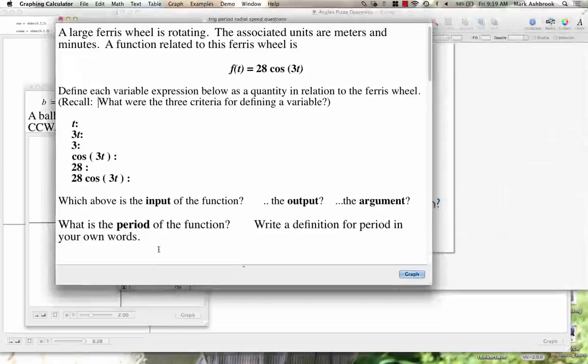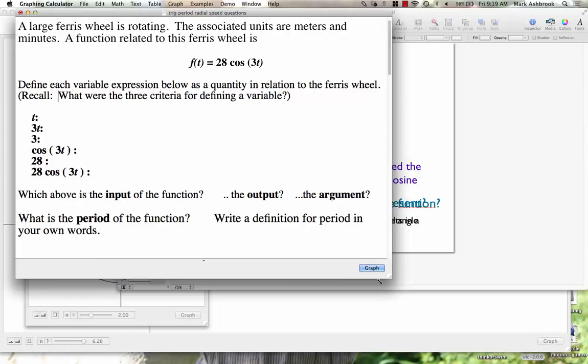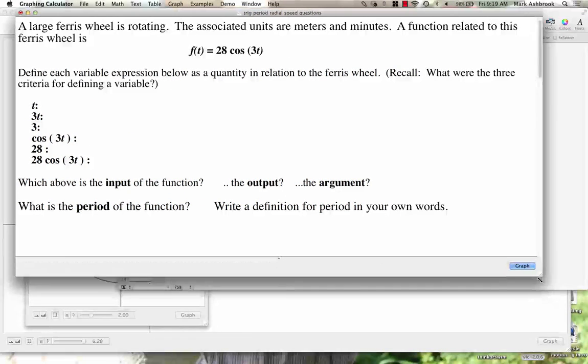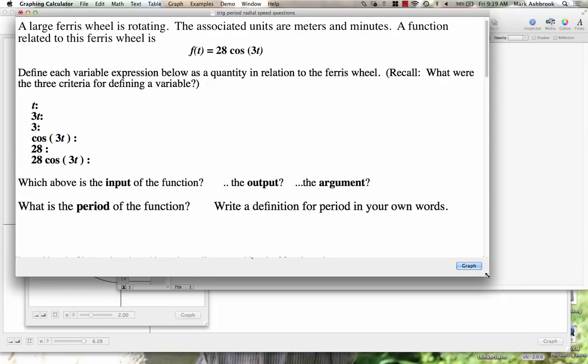Okay, so let's do an example here. A large Ferris wheel is rotating. The associated units are meters and minutes. A function related to this Ferris wheel is f of t equals 28 cosine 3t.